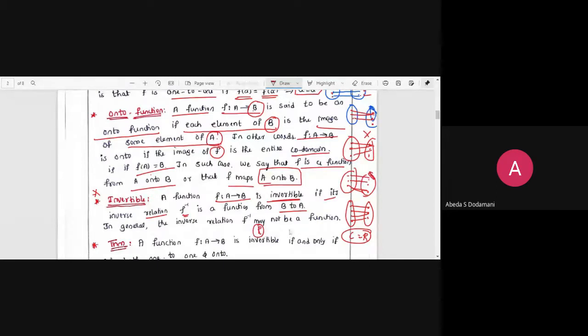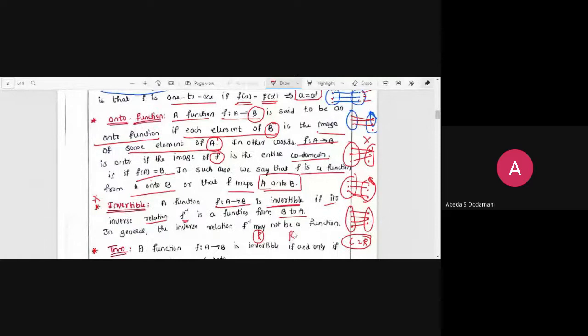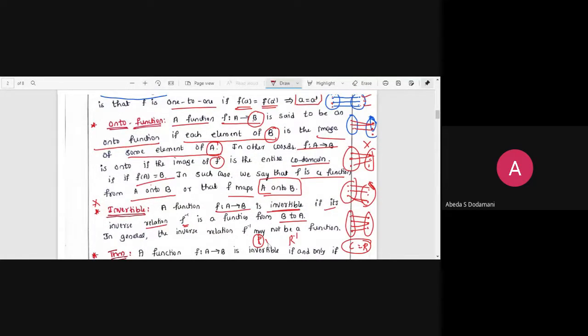If there exists an inverse relation, this relation is from A to B. If there is an inverse relation from B to A, then we say that the given function f from A to B is invertible. We say that the given function f from A to B is invertible when f inverse is the function from B to A.